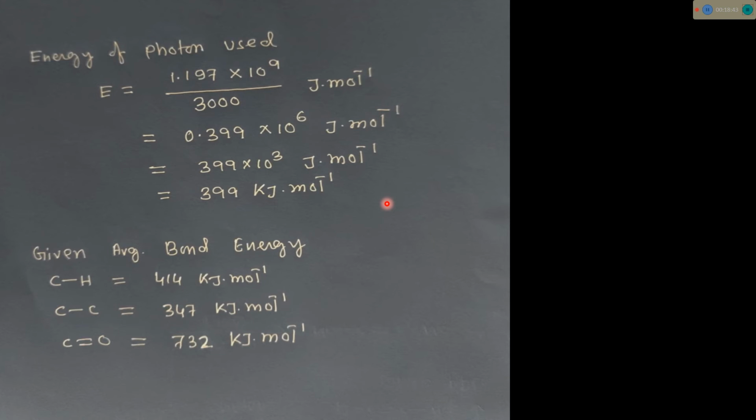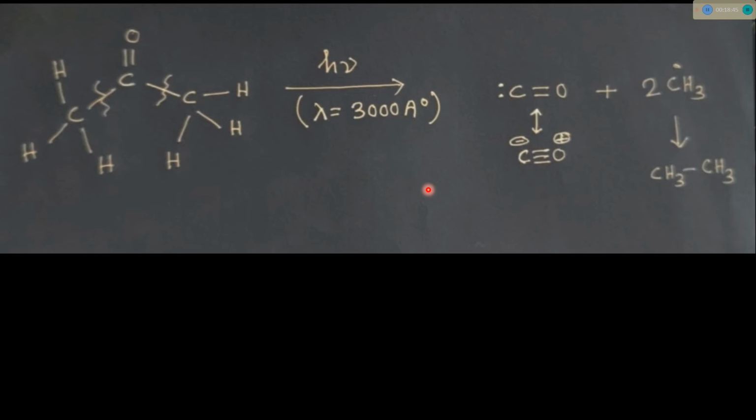Now what are the possible decompositions? This is the acetone molecule. There are C-H single bonds, C=O and C-C single bonds.